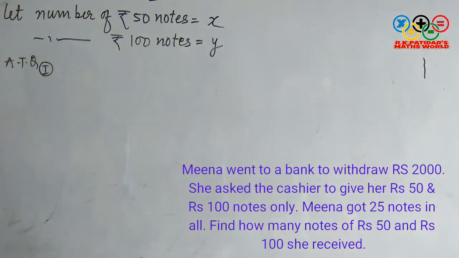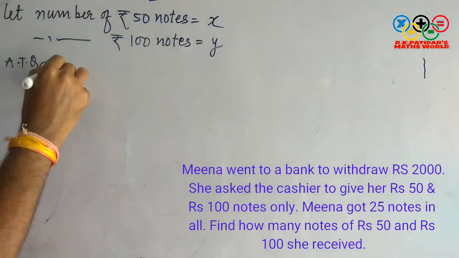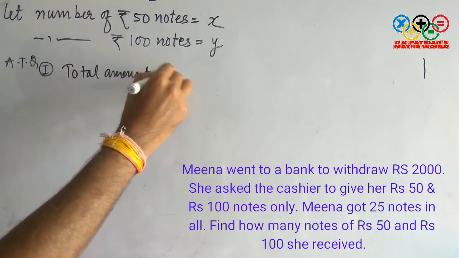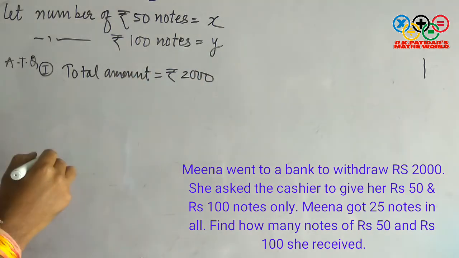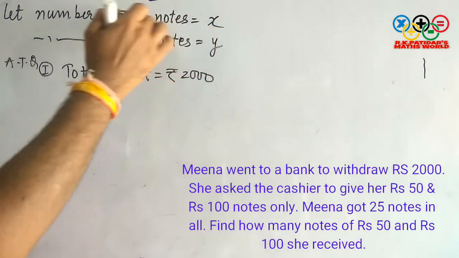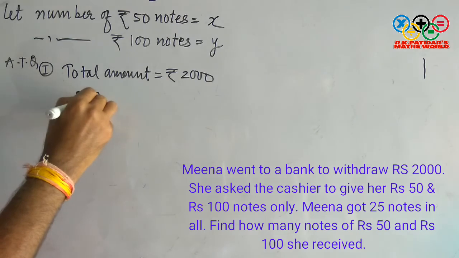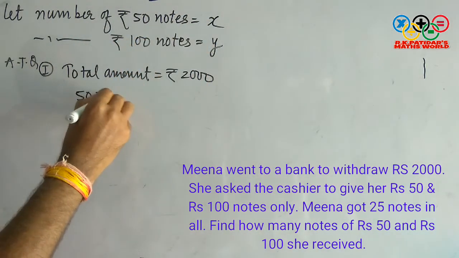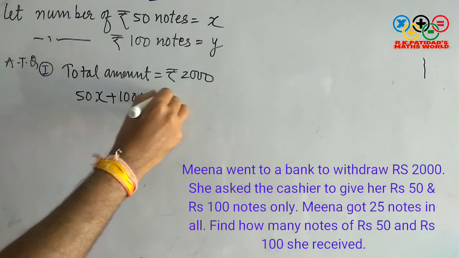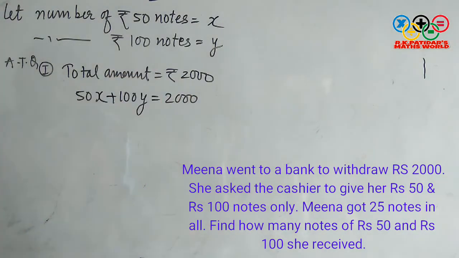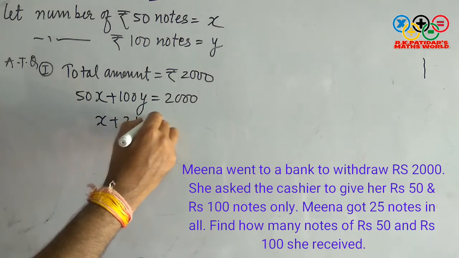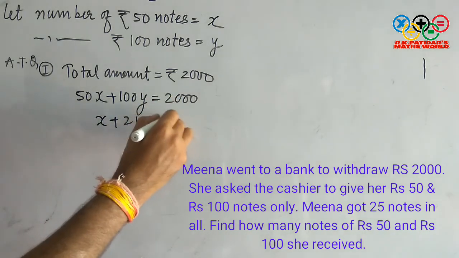According to the question, the first condition is the total amount is equal to rupees 2000. Total amount means x notes of 50 means 50x, तो रुपीज 50 का अमाउंट हो जाएगा और y नोट ऑफ रुपीज 100y is equal to 2000. If you divide it by 50, you will get x plus 2y is equal to 40.